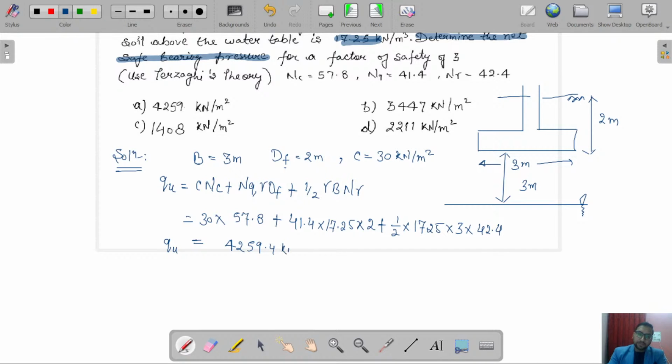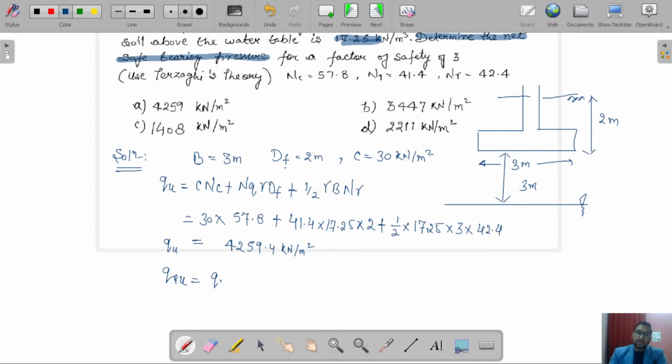4259.4 kilonewton per meter square. You can also check from your side if the calculations are correct. What we need is the net safe bearing pressure. So let's calculate the net bearing pressure Qnu.